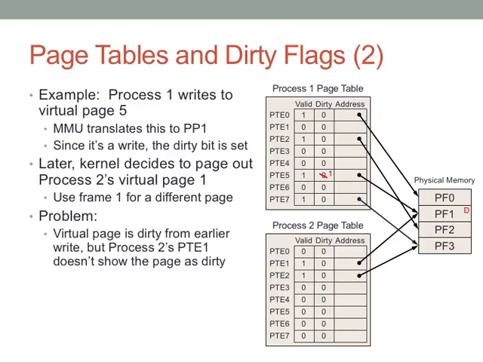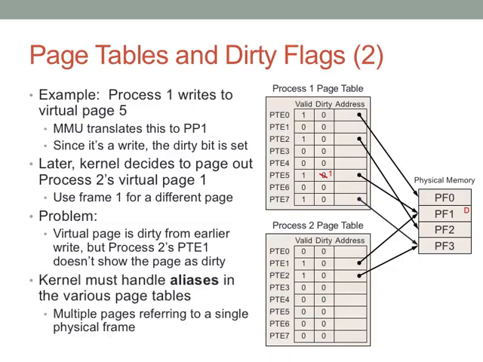So if you look solely at process 2's page table, you might not know that you need to write that page back to the backing store, or the disk file from which it was taken, or whatever. Okay? So this is no bueno. The kernel has to think about these kinds of things. That's one primary issue you have.